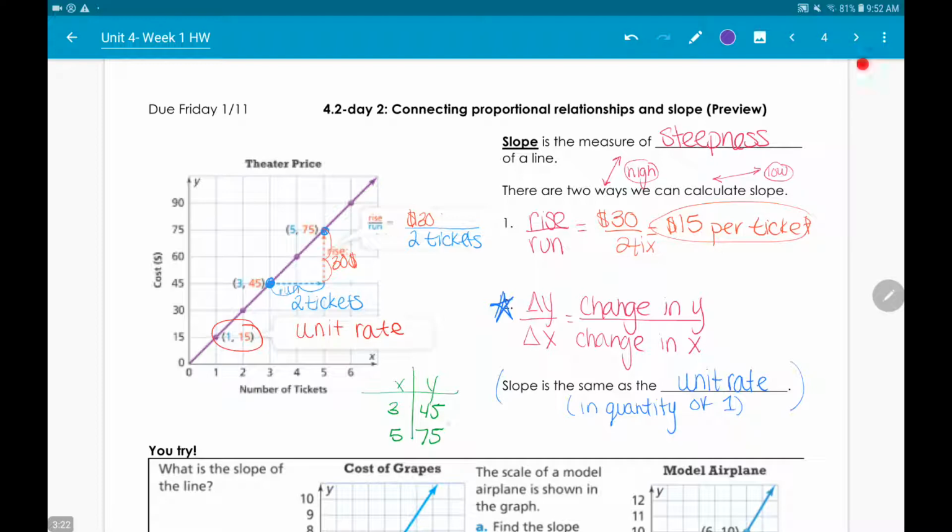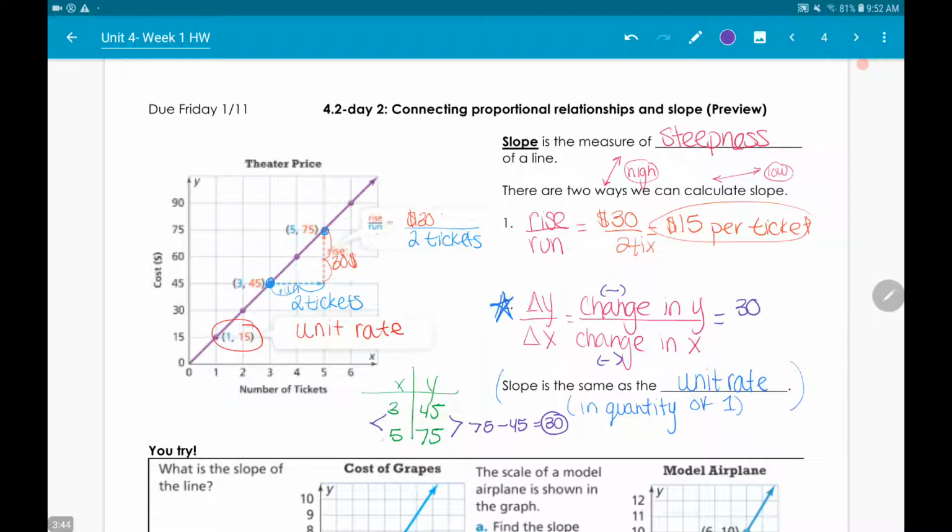So what I can do is I can figure out the change, and change in math means subtraction. So I can take these two numbers, and I'm going to go from the biggest to the smallest. So I'm going to go from bottom to top here. And I'm going to do 75, take away 45. And what does that get me? That gets me 30. So that's my change in the y values.